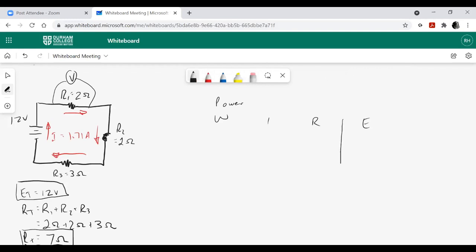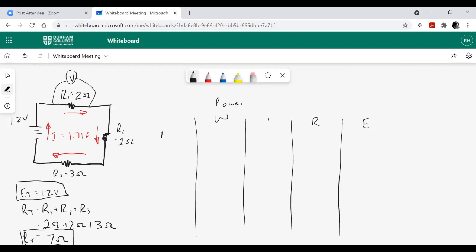What I'm making here is a table. And down the left-hand side, I'm going to put all my individual devices in. So I have resistor 1, resistor 2, resistor 3.